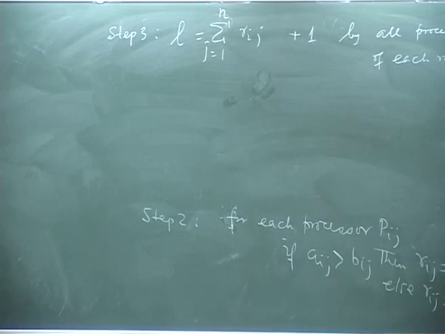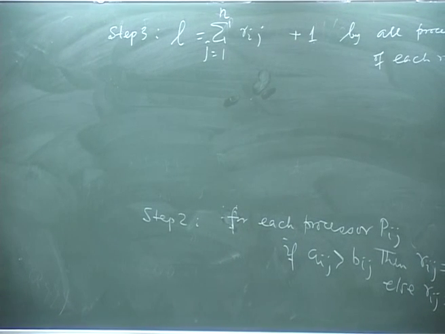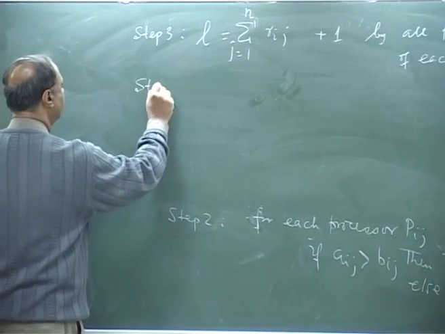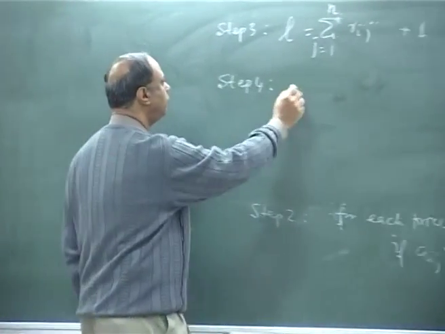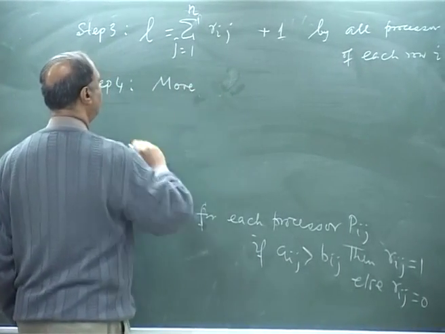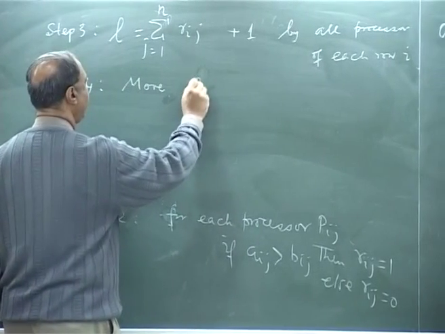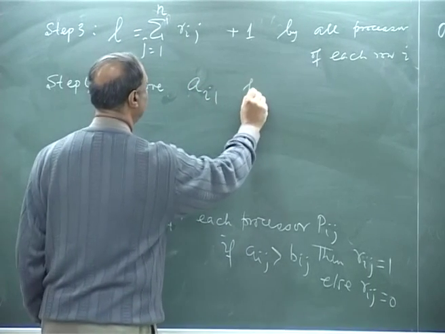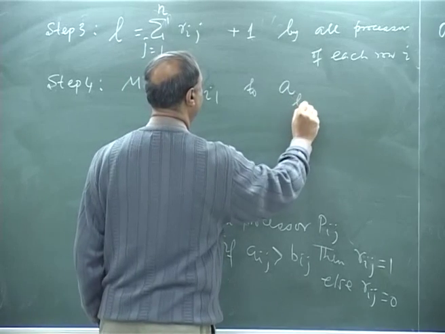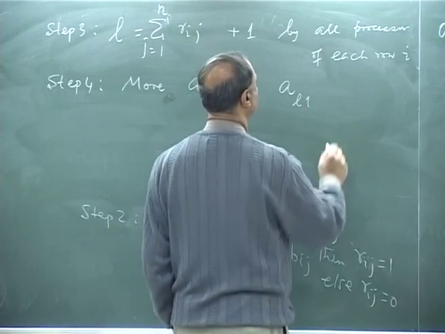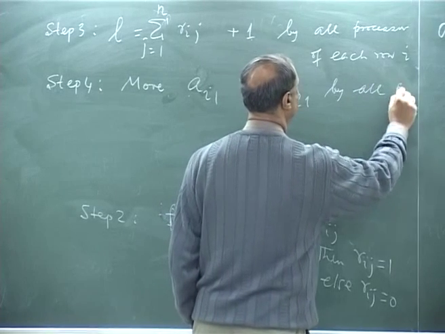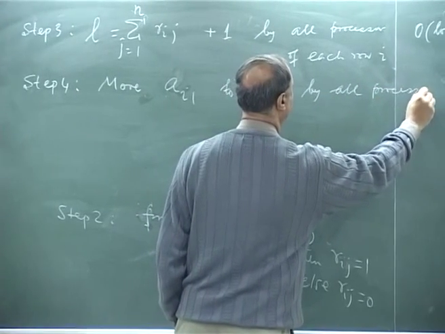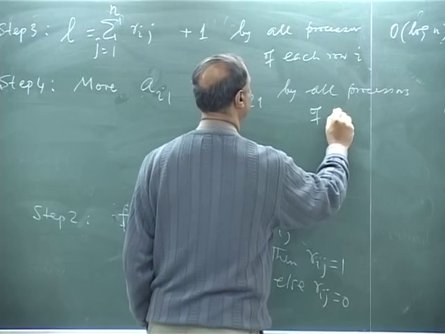The rank of xi is L. Now, if I have to store it, step 4: move AI1 to AL1 by all processors of the ith row.